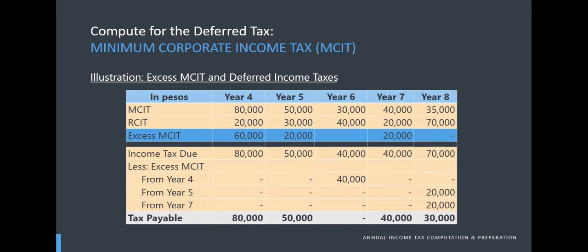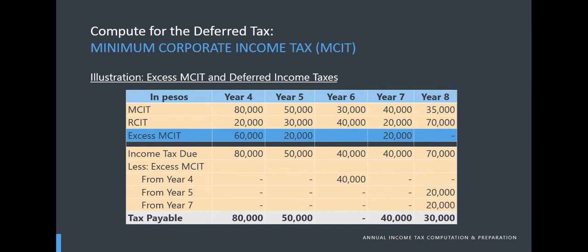Kumbaga, it only justifies the position that the running of the 3 years of carryover of MCIT was not interrupted, even if the taxpayer is in MCIT position. So the count of expiration is from year 5, 6, 7.